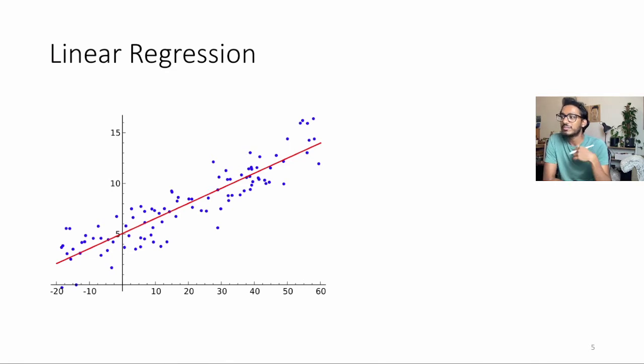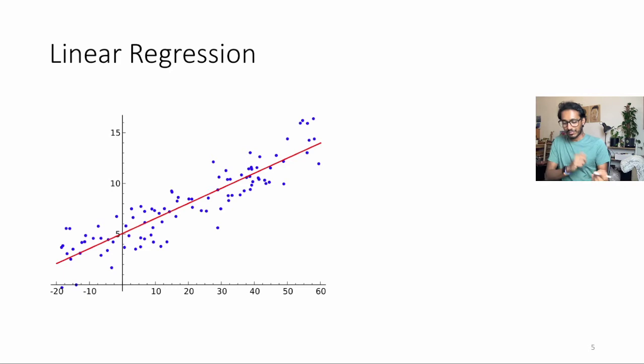Regression is a measure of relationship between the predictors and the response variable, or between the independent variable and the dependent variable. So we are interested in seeing how the dependent variable affects the independent variable. Oh, sorry, the other way around: how the independent variable affects the dependent variable.